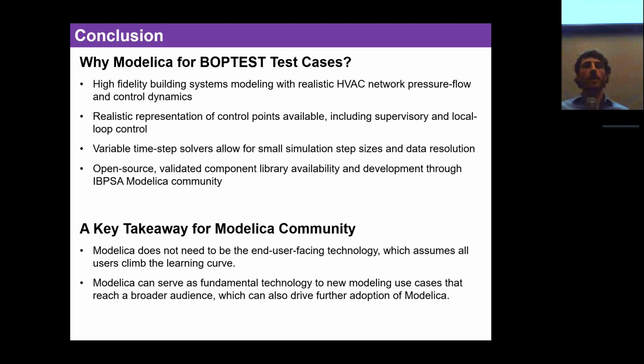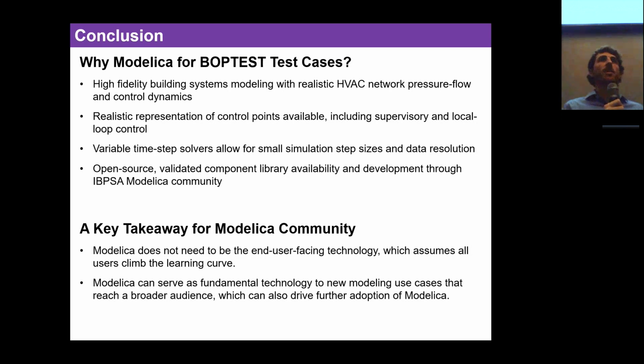So a key takeaway, I think, for the Modelica community with this project that I've thought about a little bit is that Modelica doesn't always need to be the end user facing technology ultimately, which assumes that all the users then need to climb that learning curve of Modelica, which sometimes, depending on your expertise, can be difficult. But Modelica can also serve as a fundamental technology to new modeling use cases that then reach a broader audience.